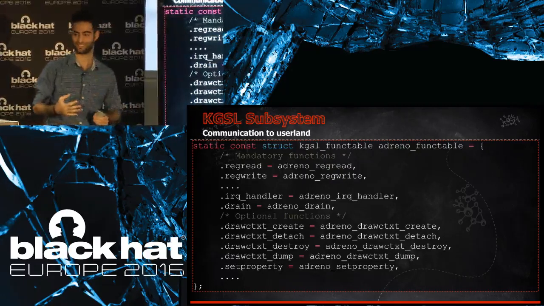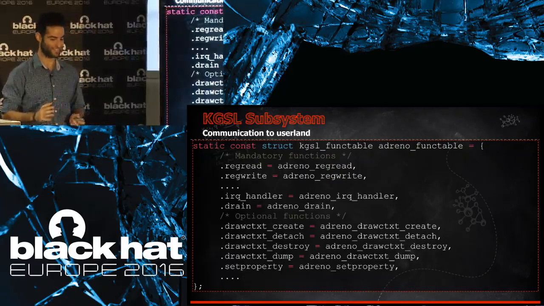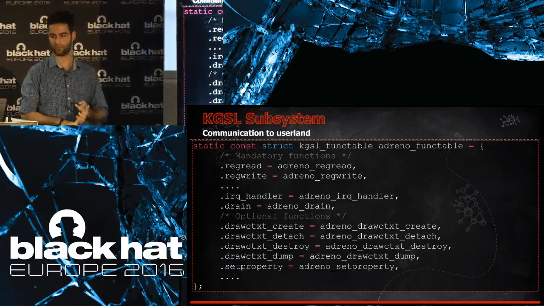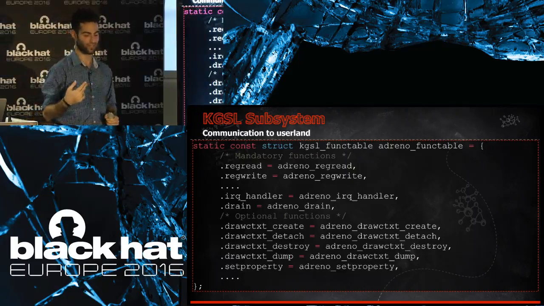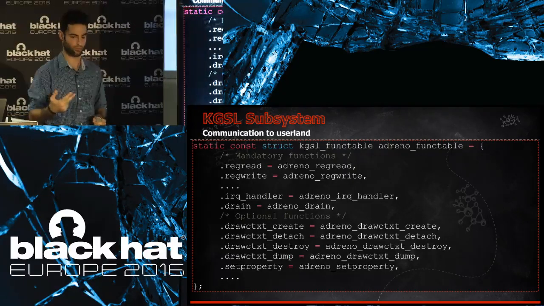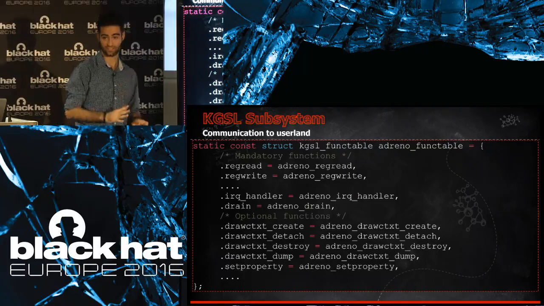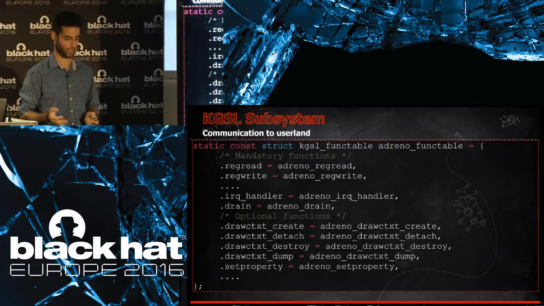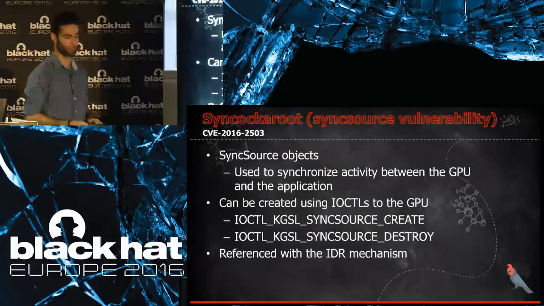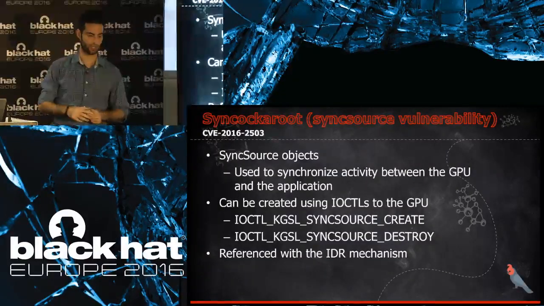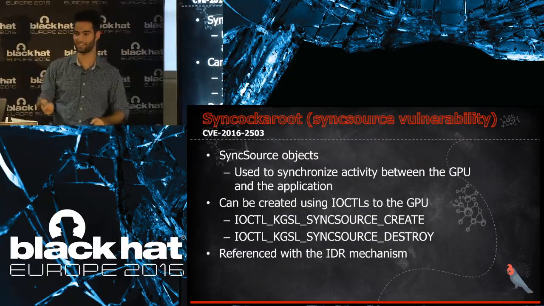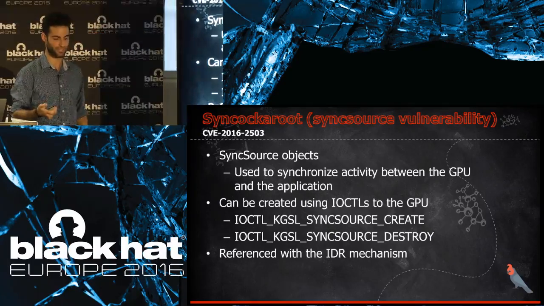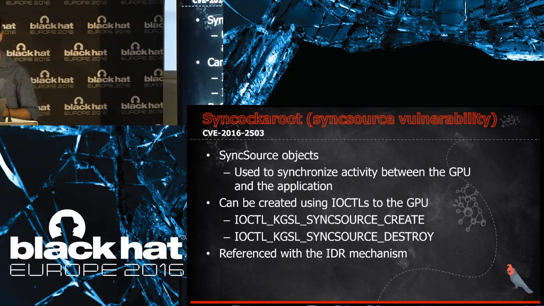And to convince you that this is a very unsafe mechanism, the two vulnerabilities that we found, we didn't even have to go to the Adreno driver. They were just in the wrapping of the user mode parameters. So our first vulnerability, we call it sync root. The vulnerability is in an object called sync source. It is used to synchronize between the GPU and the currently running application.